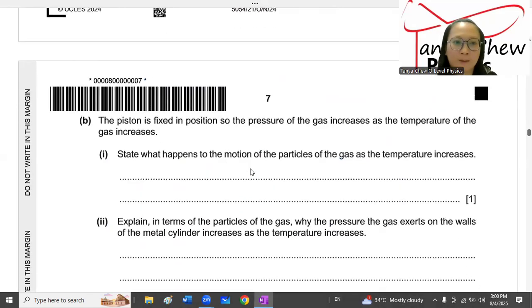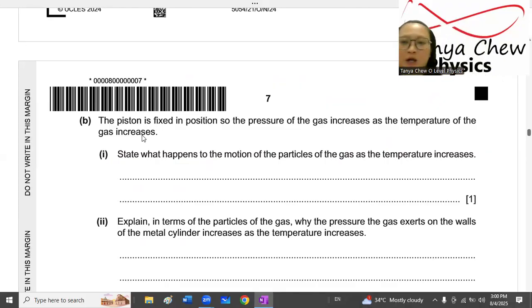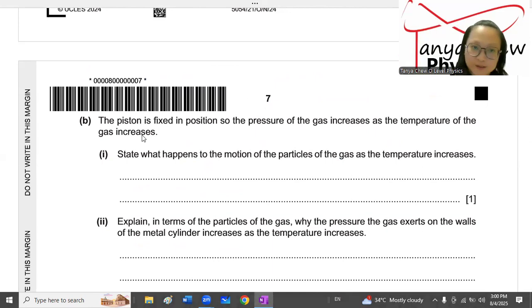Now the next one, B. The piston is fixed in position so that the pressure of the gas increases as the temperature of the gas increases. First part, state what happens to the motion of the particles of the gas as the temperature increases. When you see this is about the gas particles, as long as the temperature increases, the kinetic energy of the particle must increase.